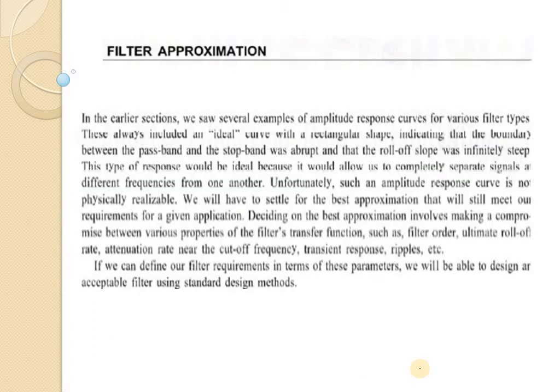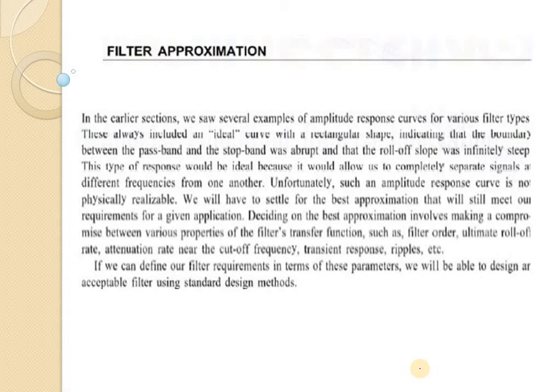Now filter approximation. In earlier sections we saw several examples of amplitude response curves for various filter types. This always included an ideal curve with rectangular shape, indicating that the boundary between the pass band and stop band was abrupt, and that the roll-off slope was infinitely steep.